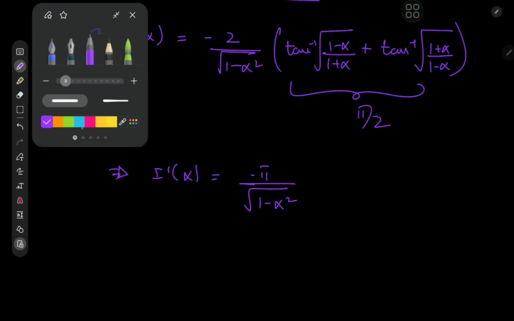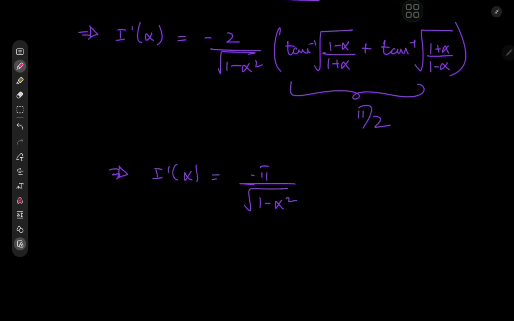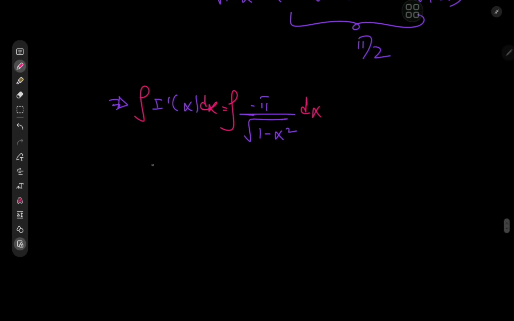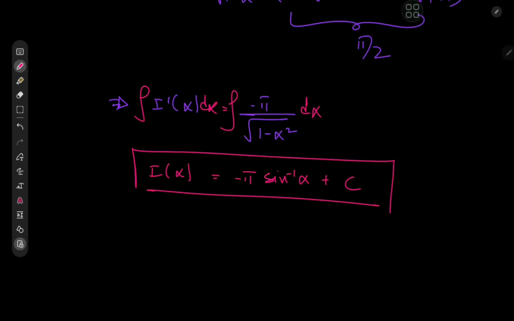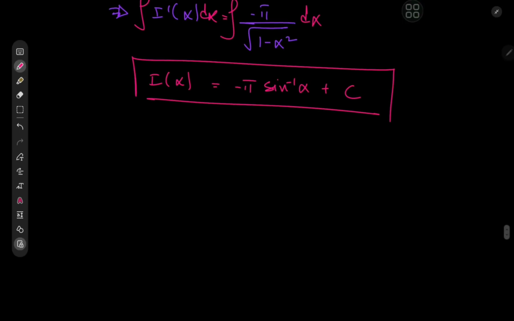Our next target is to recover back the integral function by integrating with respect to alpha. Terribly sorry about that. There we go, much better. So that means on the left we have I of alpha, and we have negative pi times, this is just the antiderivative for the inverse sine of alpha. So we have inverse sine alpha plus a constant of integration c that we now need to determine, which is again quite easy.